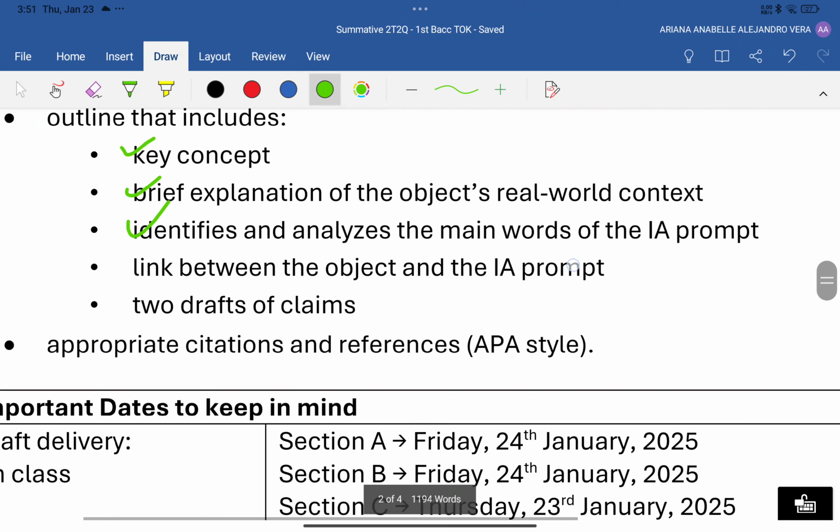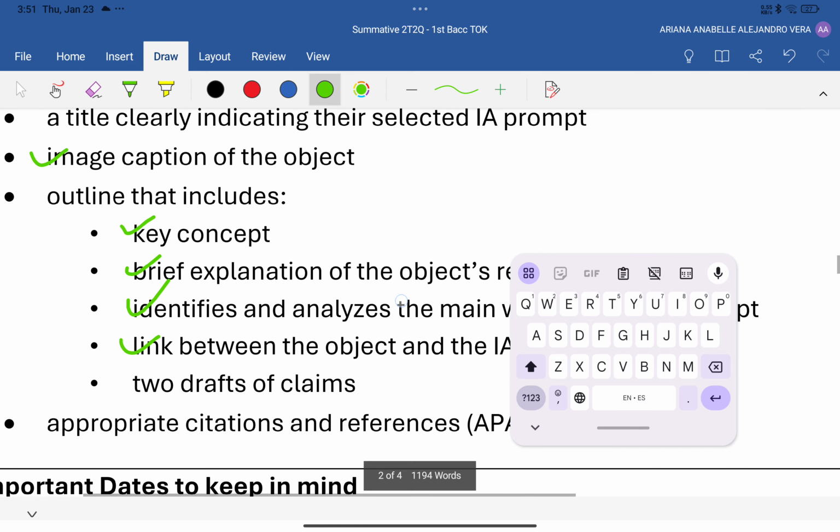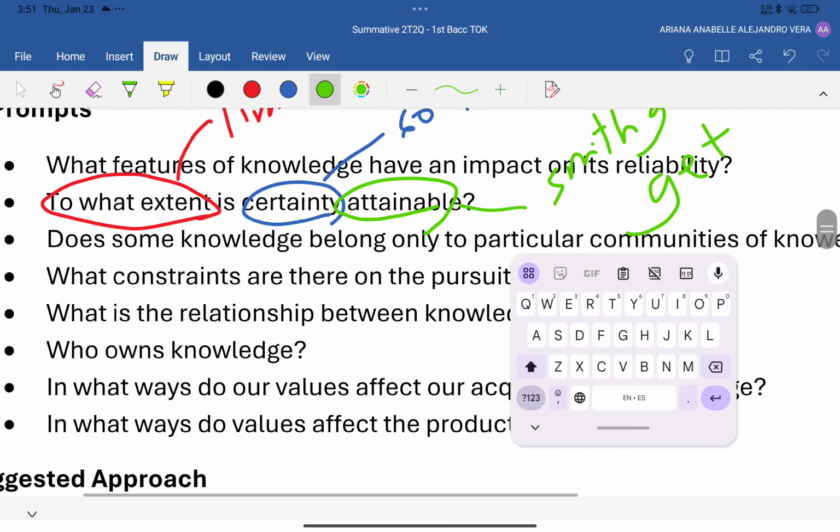Okay, something like that. We have there the link and the 2 claims, the 2 drafts of the claims. A draft of the claim would be like 2 answers to what extent is certainty attainable. And of course, your claim should be connected with this key concept that you're exploring. If I want to say that it's power, I say that certainty is attainable according to how much power the knower or the community of knowers have.